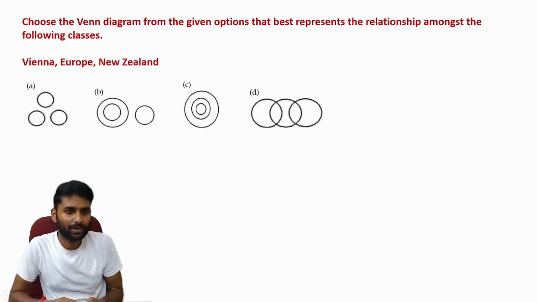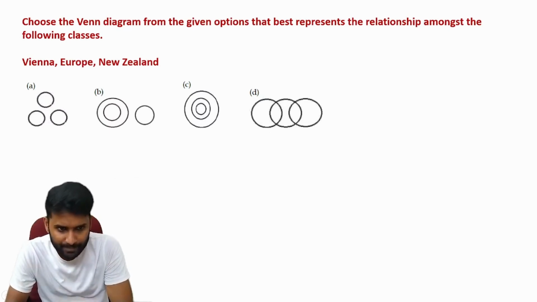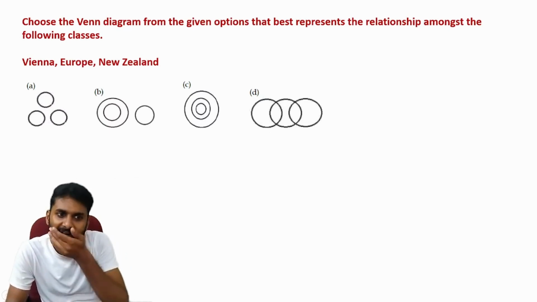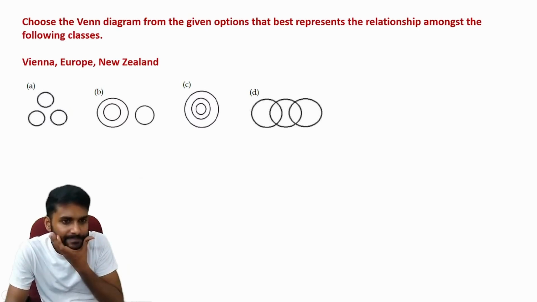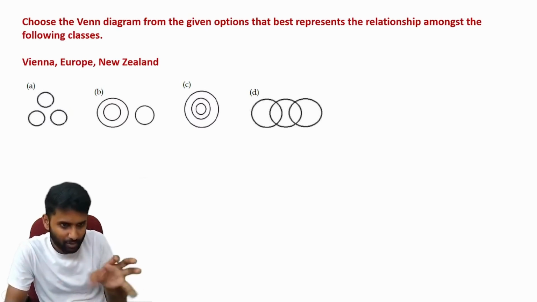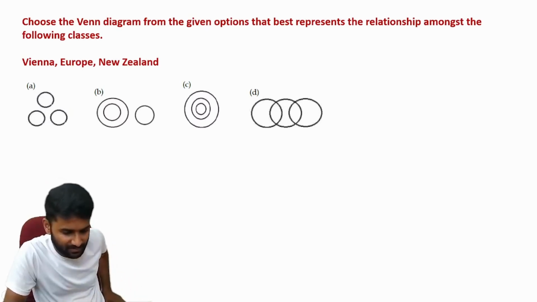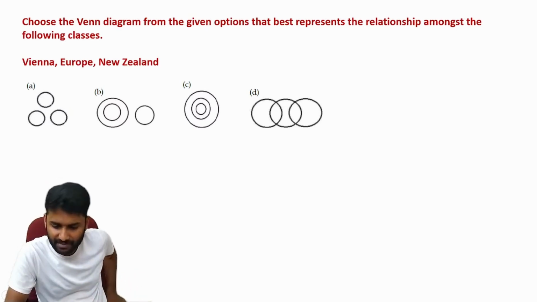So Vienna, Europe, and New Zealand. What is the relation among these three names? Elements or names or country or continent, anything is fine, but you have to identify the relation.